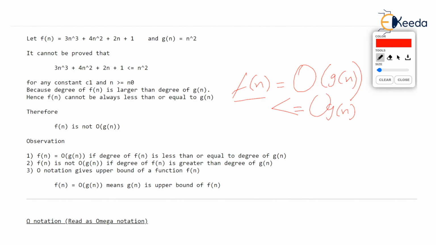So you tell me, isn't Fn always below Gn? Or we can say the value of Gn is always above Fn. So Gn gives upper bound of Fn.